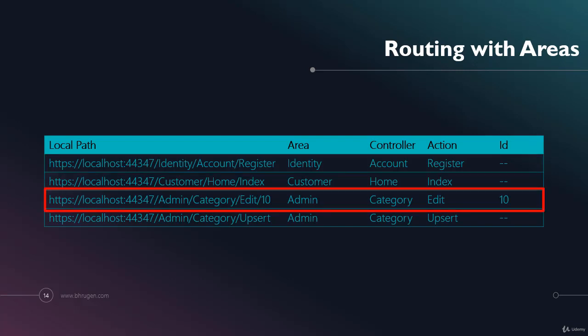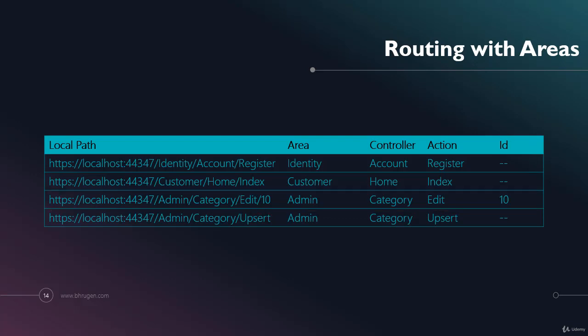The third example is localhost/admin/category/edit/10. Admin is the area name, followed by the controller, which is category. Then we have edit, which is the action name. And finally, we have the number 10, which is the ID.